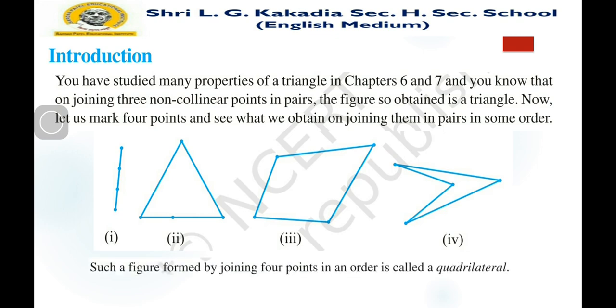So such a figure formed by joining 4 points in an order is called a quadrilateral. If we join such 4 points, as you can see in figure 3 and figure 4, then you can find such a figure, and this figure is known as a quadrilateral.